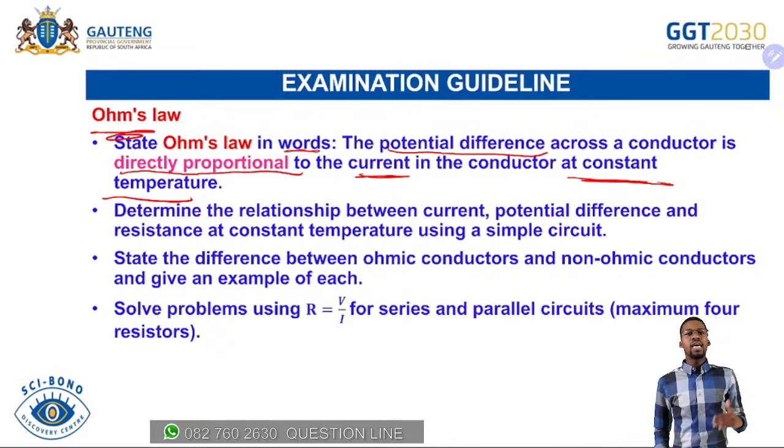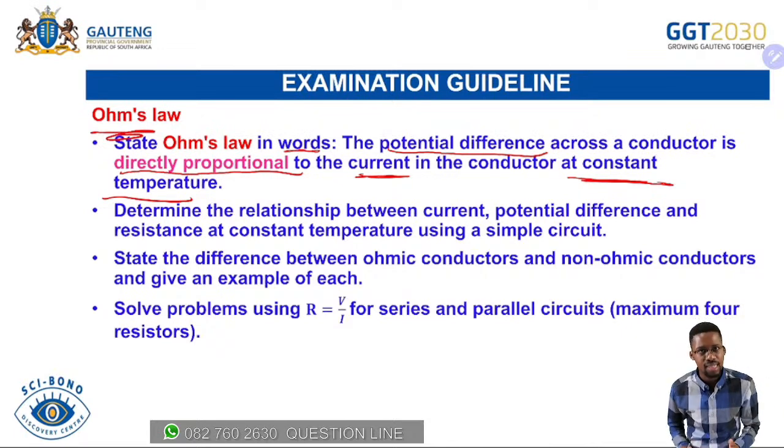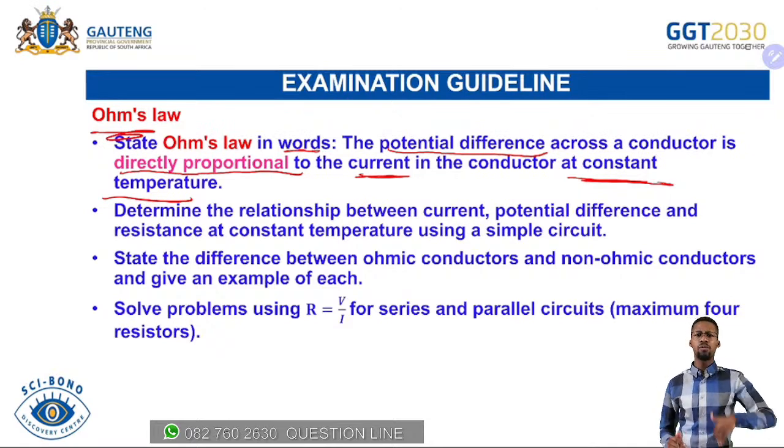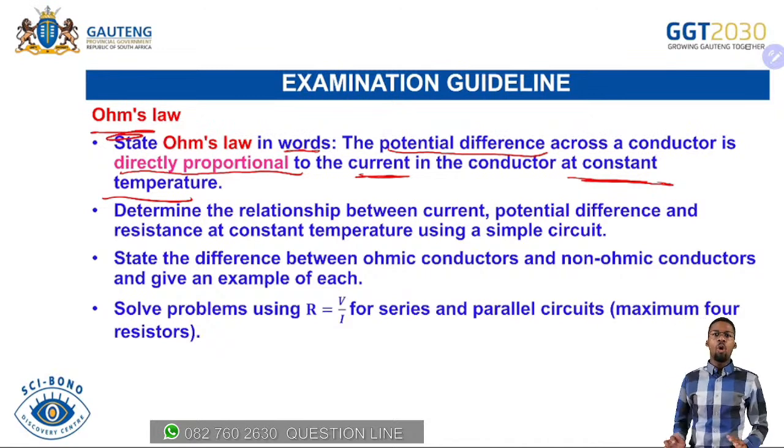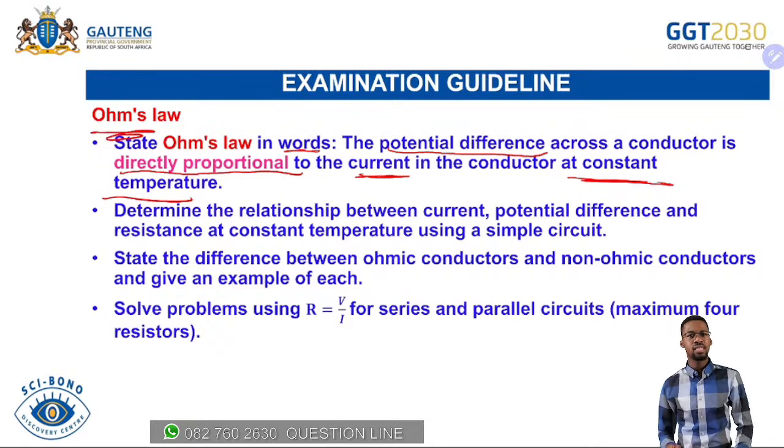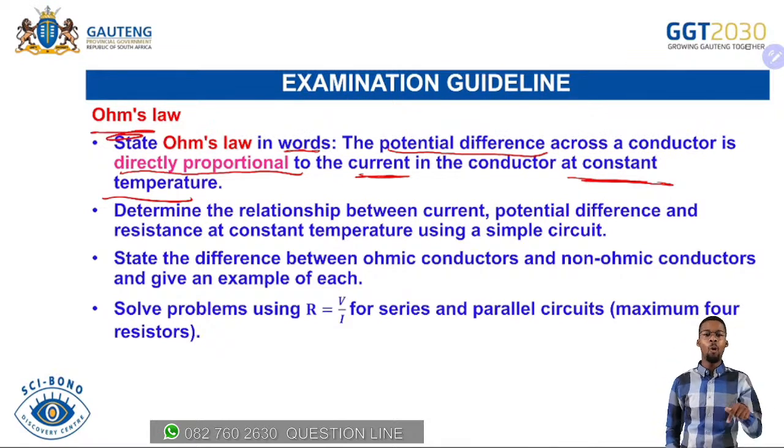So I'm merely motivating you learners to make sure that these laws, the principles, the definitions, become our national anthem. Let's sing them the way they appear from the exam guideline. When it comes to electric circuits, the first thing you need to think of is Ohm's law.